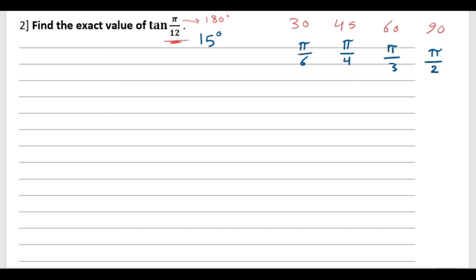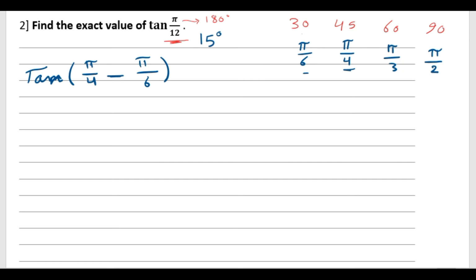So we'll replace pi over 12 by the difference between 45 and 30, but it will be written in the pi form. It will be pi over 4 minus pi over 6.